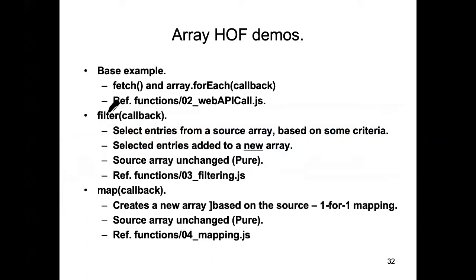So yes, filter takes a callback. Again, it only takes one argument, which is an anonymous function, and it selects entries from the source array, and based on some sort of criteria, it includes that element in the output array, or not. The selected entries are added to a completely new array, hence it's pure.